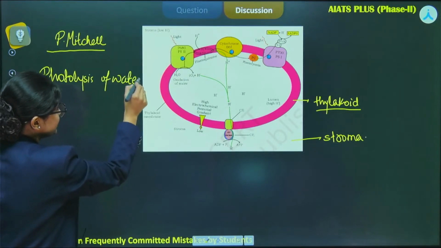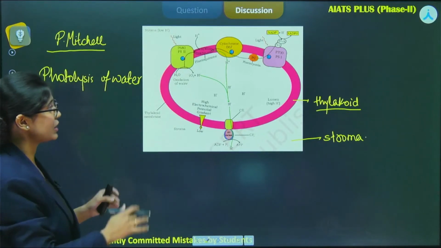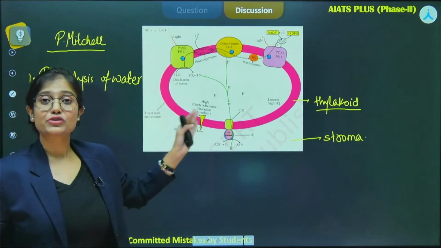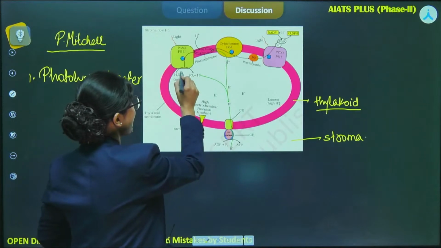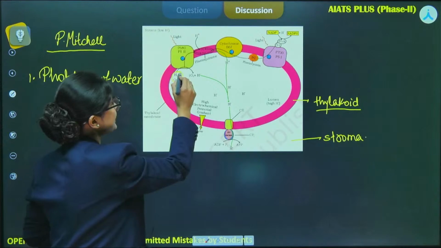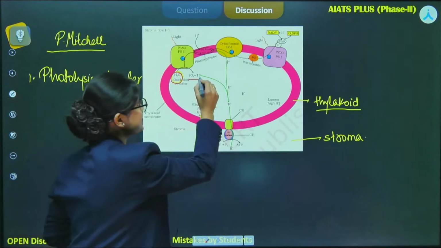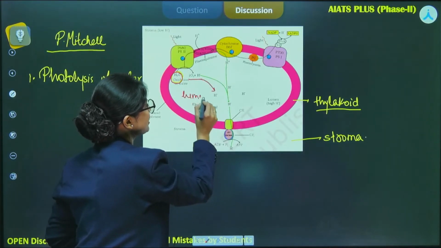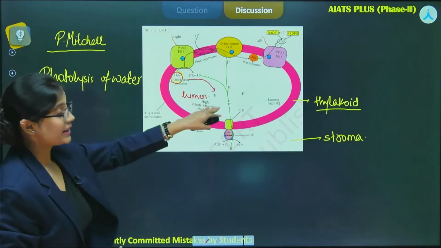If you remember the Z scheme from the photosynthesis chapter, splitting of water takes place near PS2, that means PS2 is facilitating the splitting of water. Here you can see that H2O is getting split into half O2 and H plus. This H plus will contribute to the lumen side of the chloroplast, where they get accumulated.